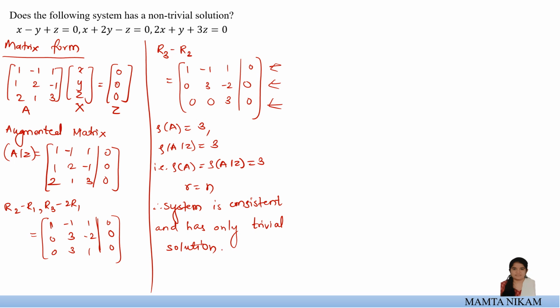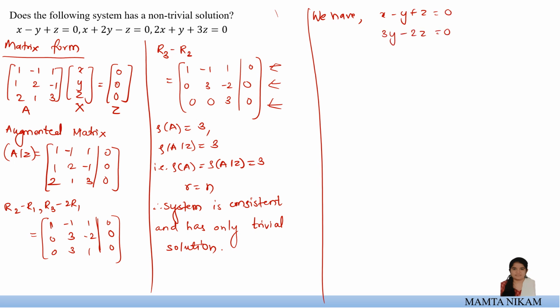If you express the equations, we are going to have x minus y plus z equals 0. From the second row, we have 3y minus 2z equals 0. And this is 3z equals 0. So if you observe, this is z equals 0.